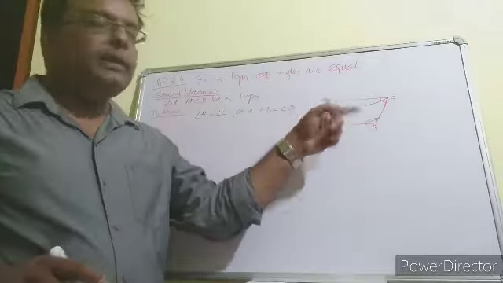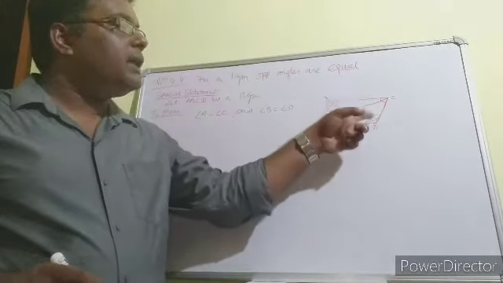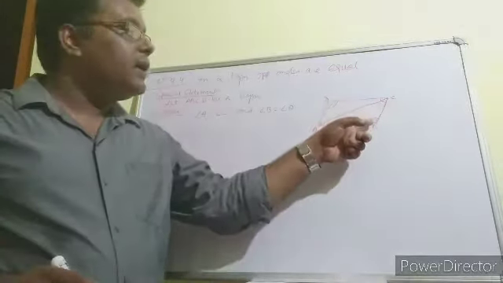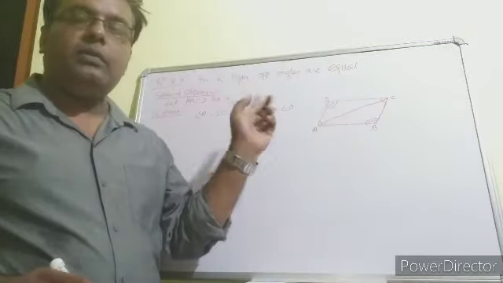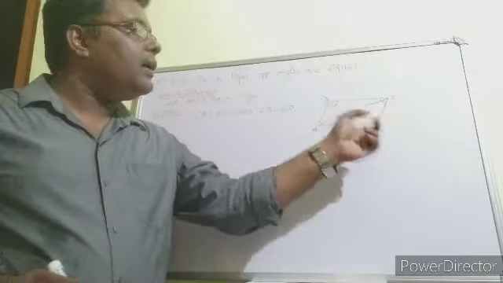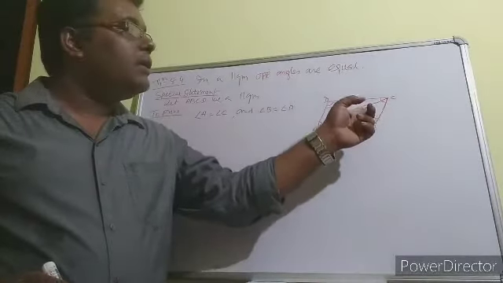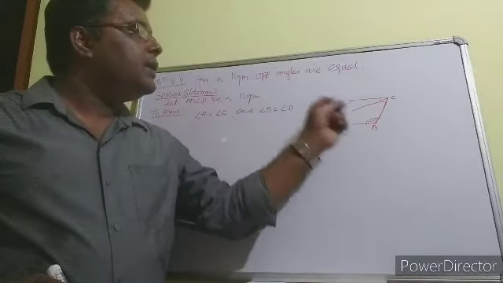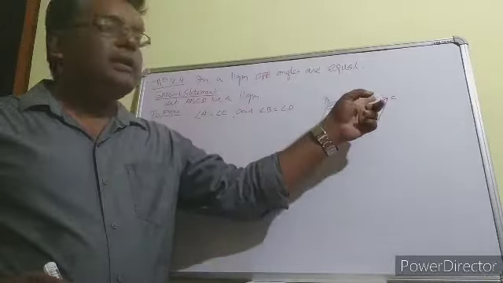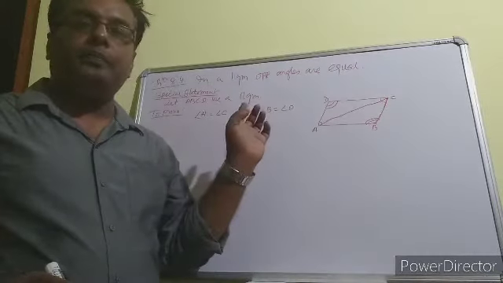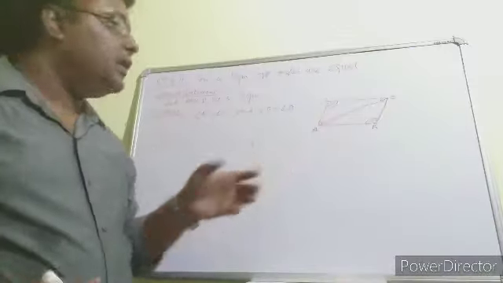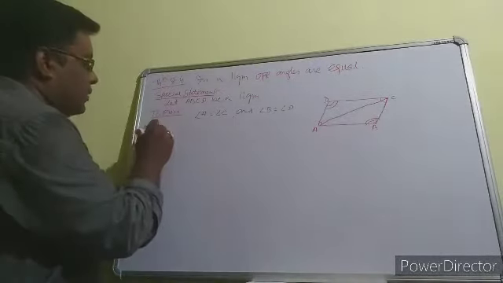If they are congruent, then corresponding angles are equal. That is, angle B and angle D are equal. And if you draw the diagonal BD, then we get the triangles ABD and BCD. Then C and D are equal. So we will prove it. So write the construction part.